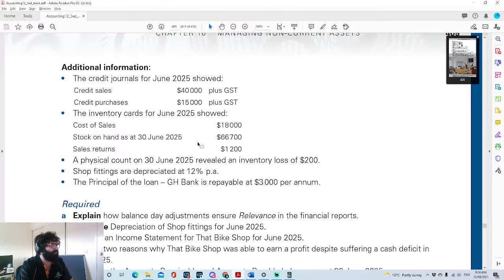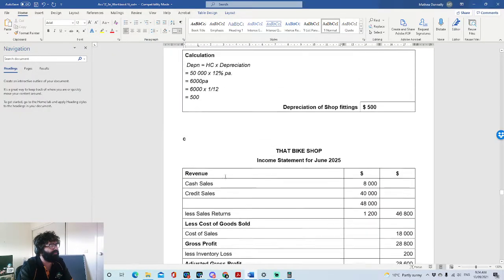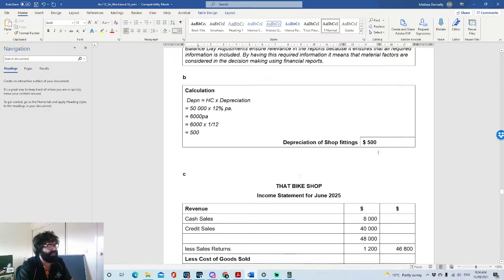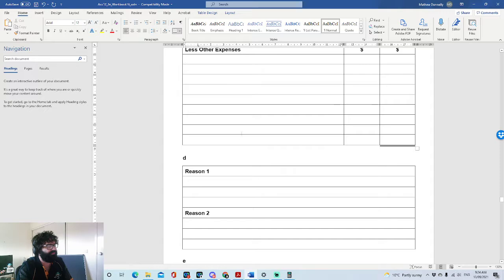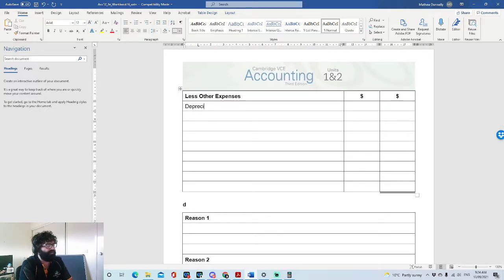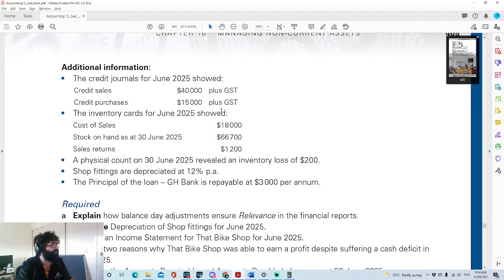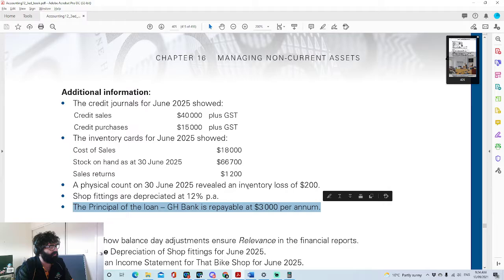Less other expenses. And the first thing I'm going to grab is depreciation I previously counted. So depreciation of shop fittings, and I know that's 500. I'm going to go through and see which items we've already included, and the principal of the loan is not an expense.